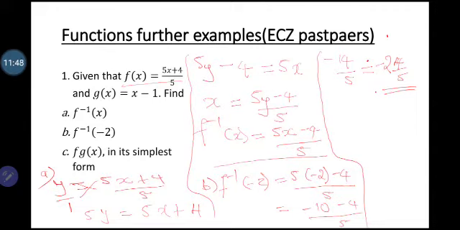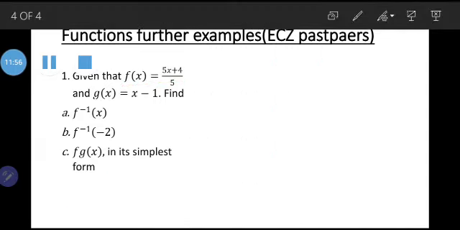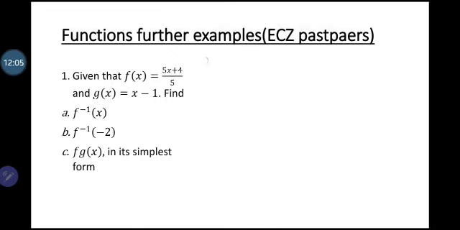So getting our f g of x, I'll need more space, so allow me to rub. So for f g of x in its simplest form, we're going to have f, our g of x is x minus 1, so we have f of x minus 1.